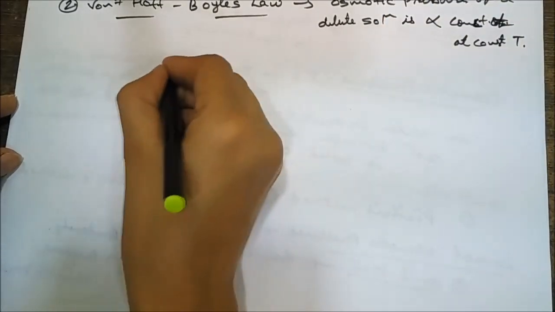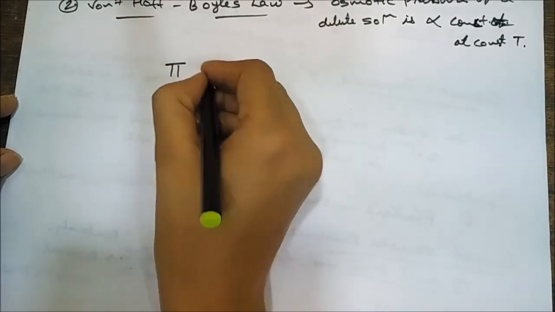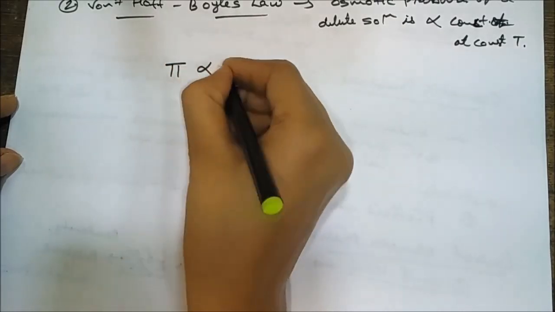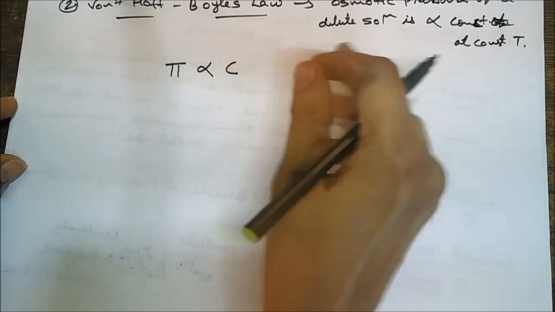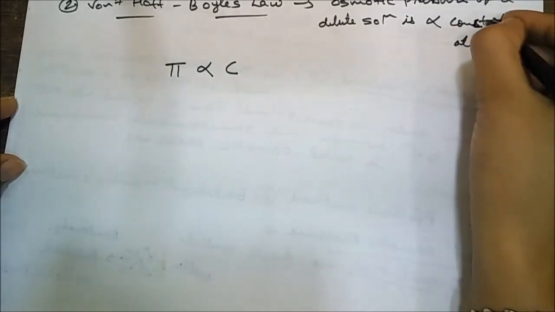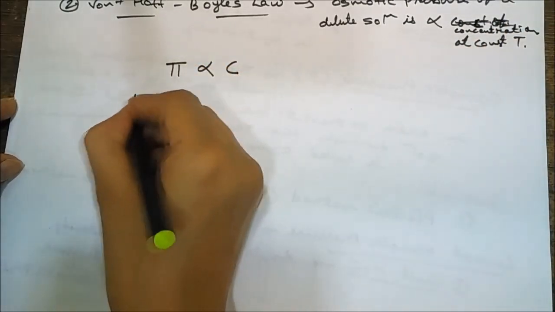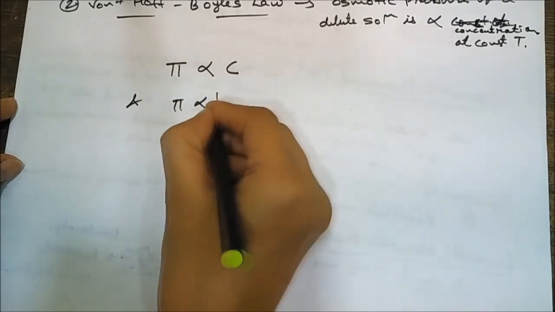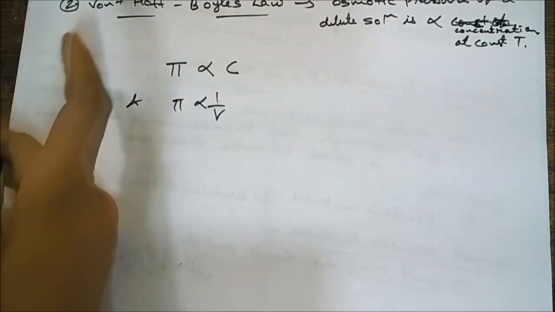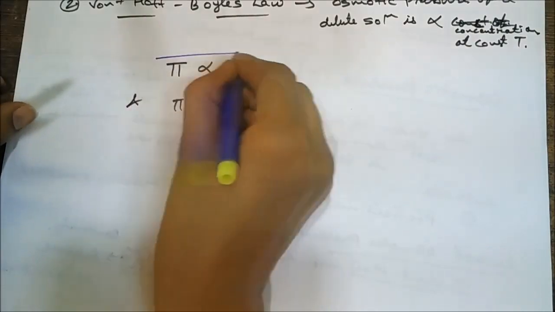So we can write: the osmotic pressure pi is directly proportional to the concentration C, or we can write pi is inversely proportional to volume. This is Van't Hoff-Boyle's law.